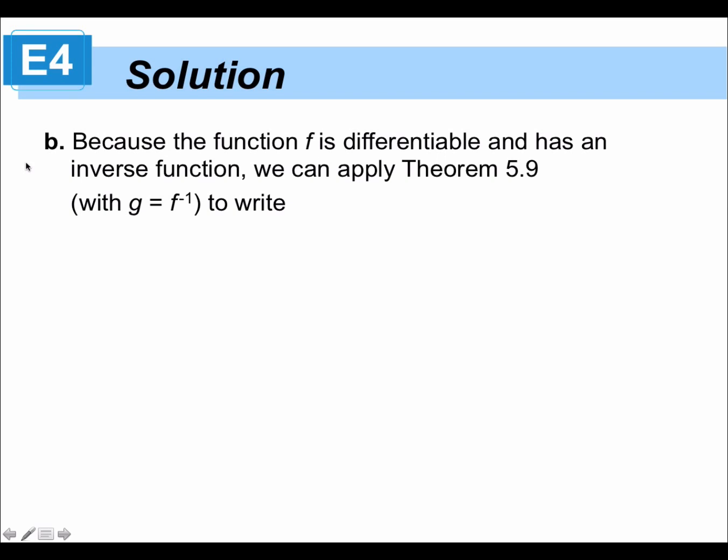Now we took a look at this, and then we just plug and chug. Okay. So I want to know what is f inverse of 3 prime, or f inverse prime of 3, however you want to phrase that. This we just calculated. F inverse of 3 we did in part A, which is 2, and then the function is easy enough that you could find f prime of 2. Take the derivative of the original function, plug in 2, and get your value.